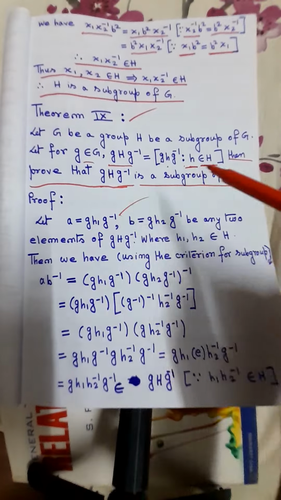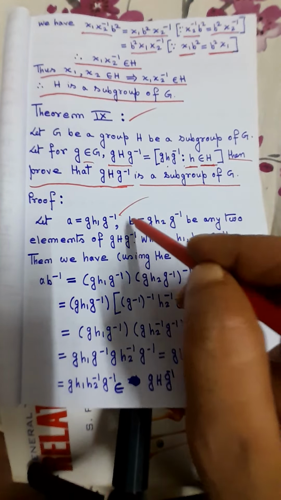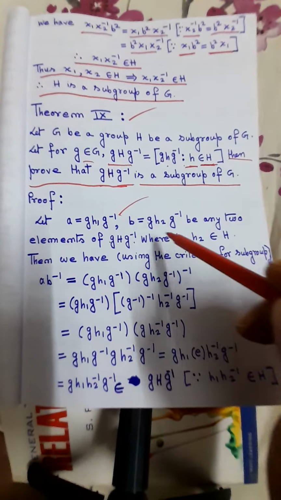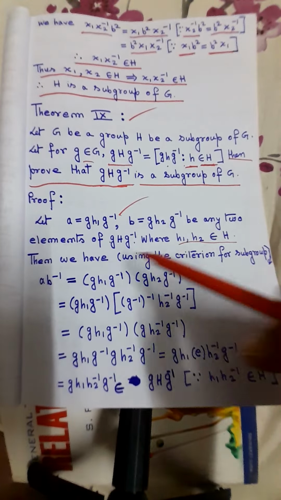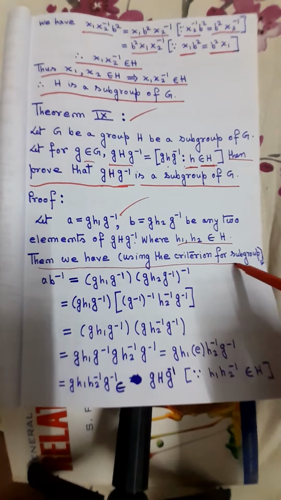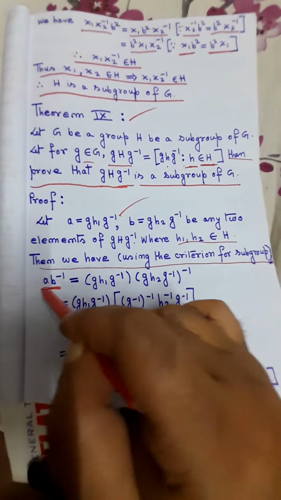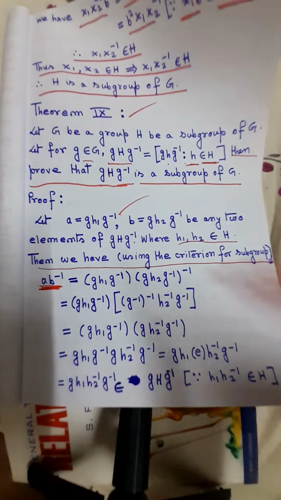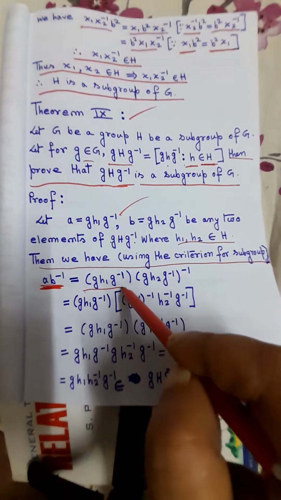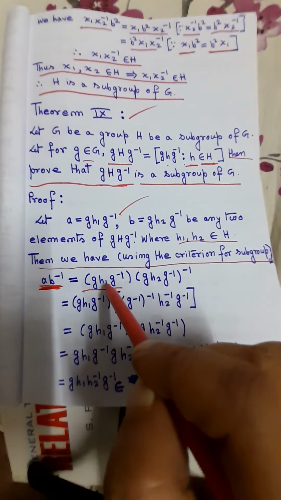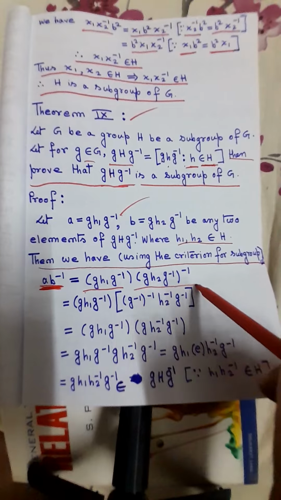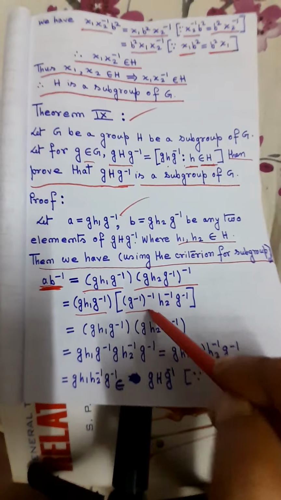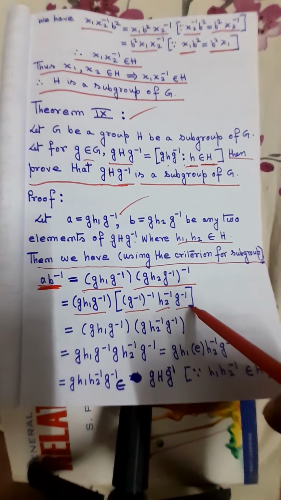Now let a equal to g h1 g inverse and b equal to g h2 g inverse be any two elements of g H g inverse, where h1 and h2 belong to H. Then we shall be using the criterion for subgroup, that is a b inverse. I have already told you this is a very important criterion. So a b inverse equal to g h1 g inverse, right, and g h2 g inverse whole inverse, that is g h1 g inverse into g h2 inverse g inverse, correct?